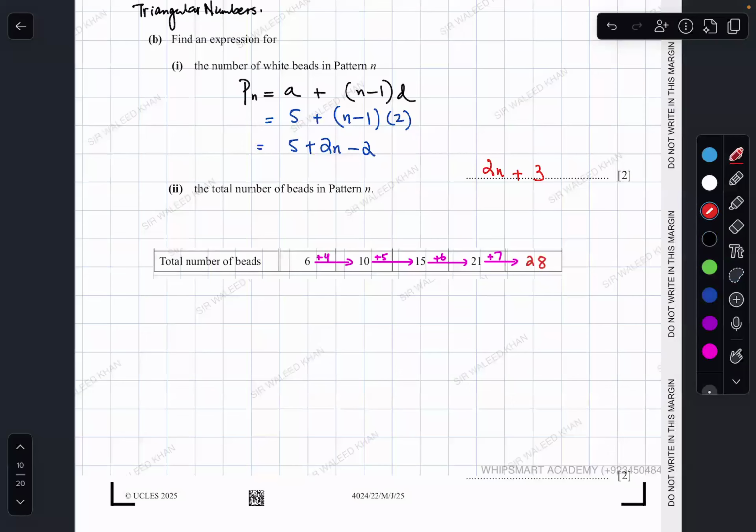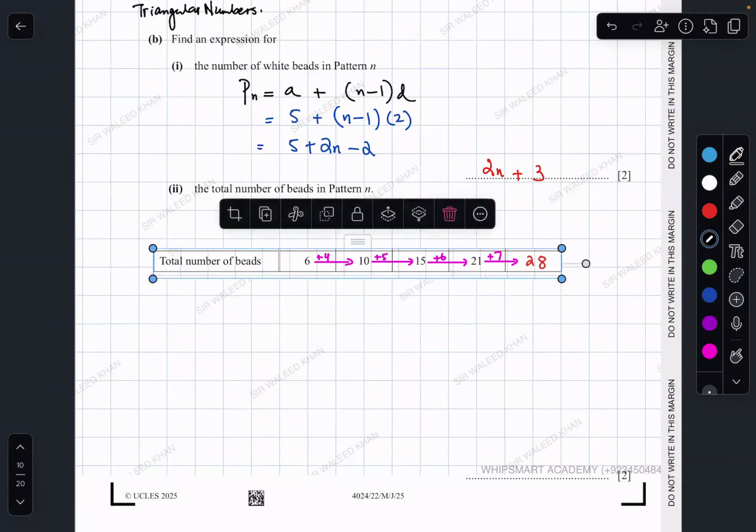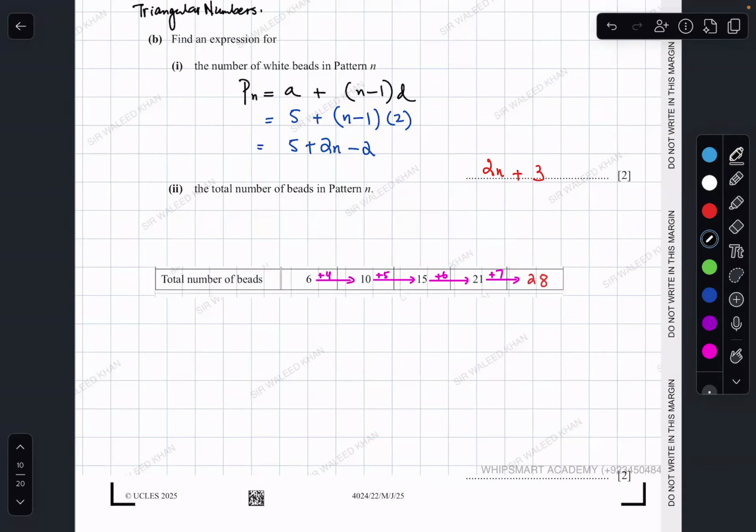So I'm going to tell you, the first one is, if you can remember the sequence number, the original triangular sequence. And the first term starts with a 1.